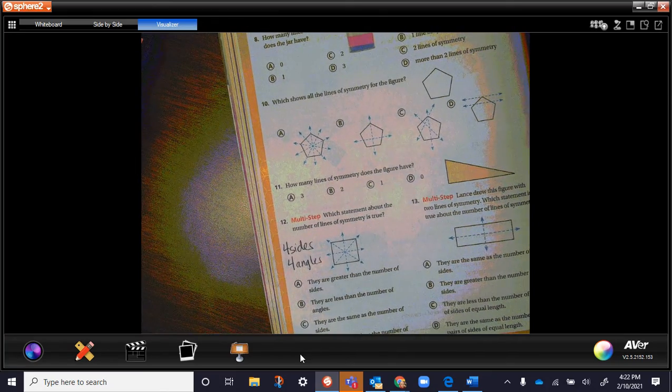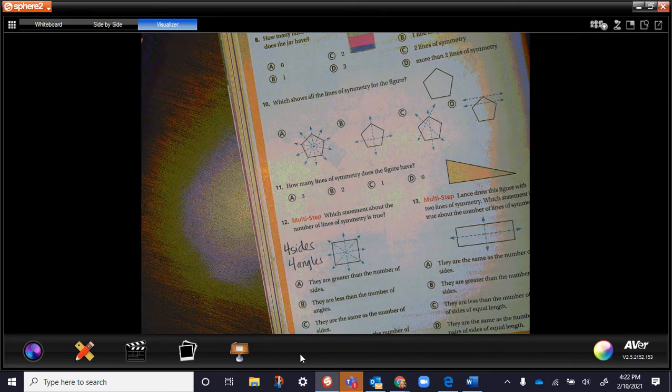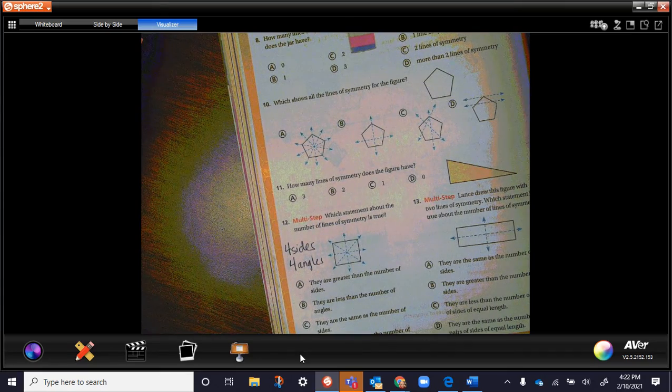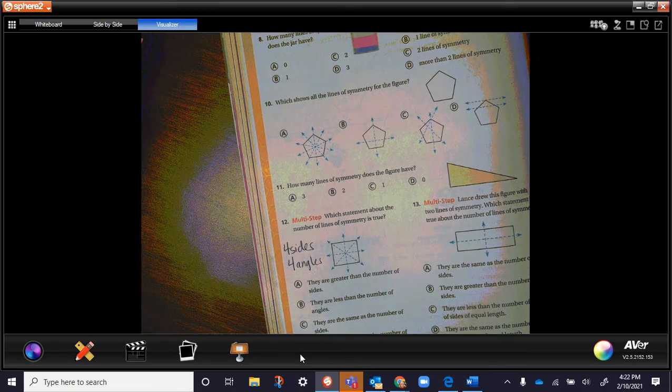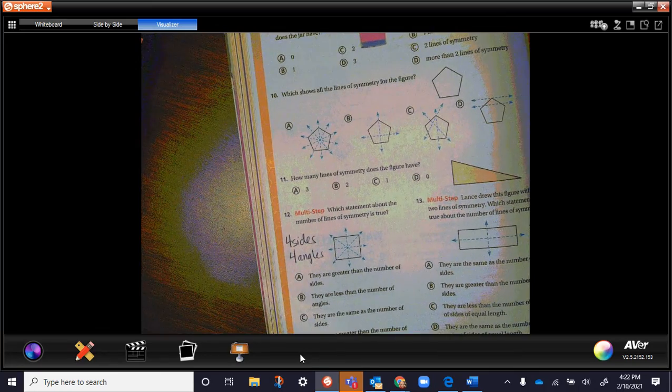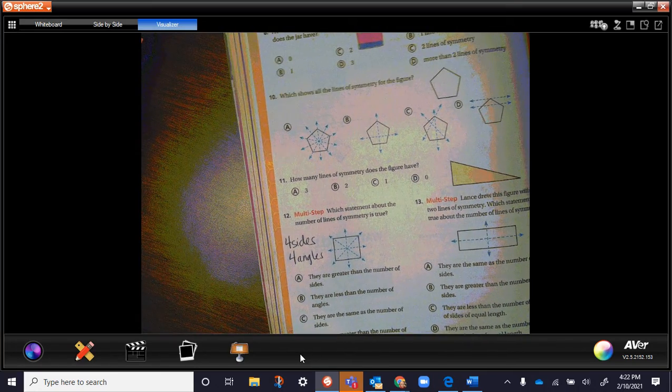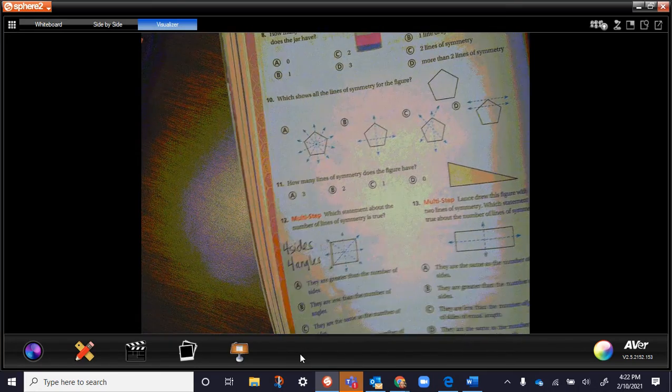So there's 1, 2, 3, 4 angles. So 4 sides, 4 angles, and then it's asking you just to make a statement about the lines of symmetry and how they compare to these sides and angles. So you're just trying to find which one is true. And so again, this is multiple choice. So in your answer document, you'll just put A, B, C, or D.